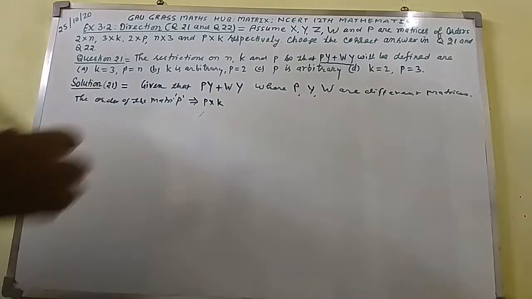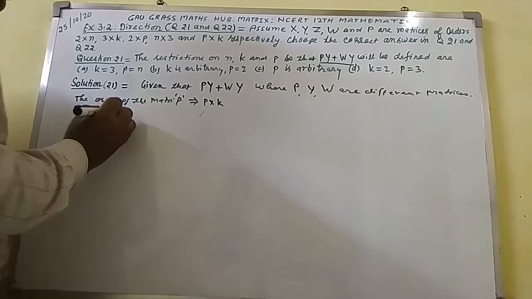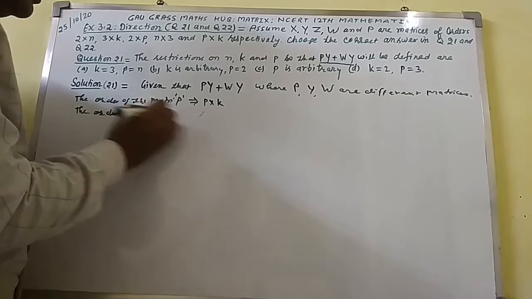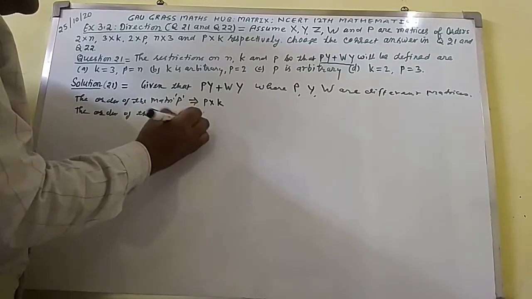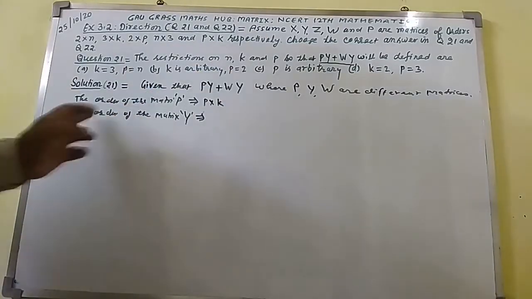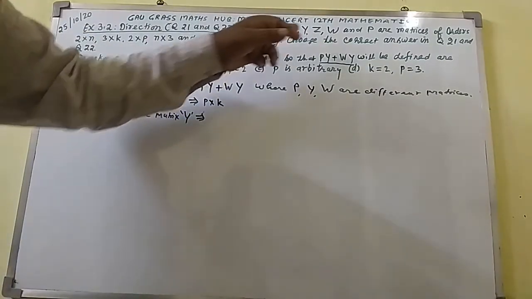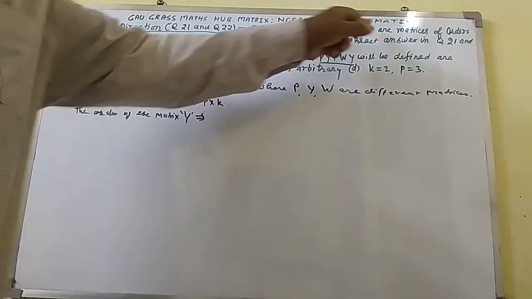Then the order of Y. The order of the matrix Y: this is the second matrix, first matrix, second matrix, third matrix, fourth matrix, third matrix.